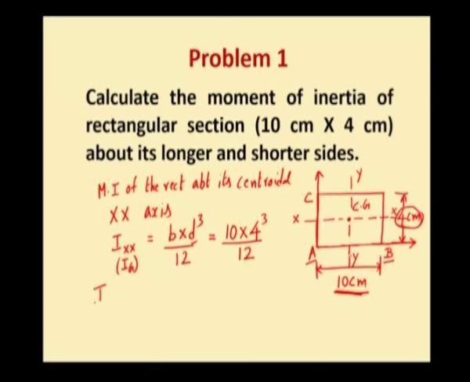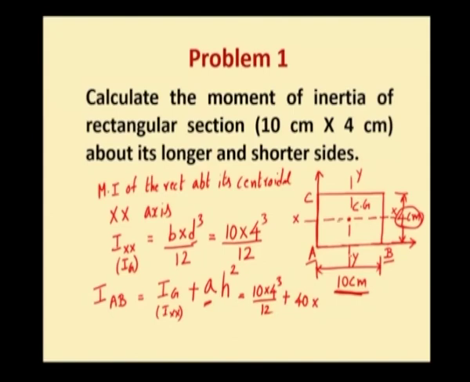Now, we need the value of moment of inertia of this rectangular section about the longer side, which is AB. So, IAB will be equal to IG, which is equal to IXX, plus area of the rectangle into square of the distance between the line AB and x axis. Now, we have computed the value of IG, which is 10 into 4 cube by 12, plus area of the rectangle A, which is 10 into 4, which is 40, into h square.